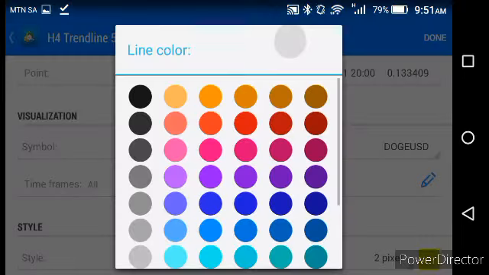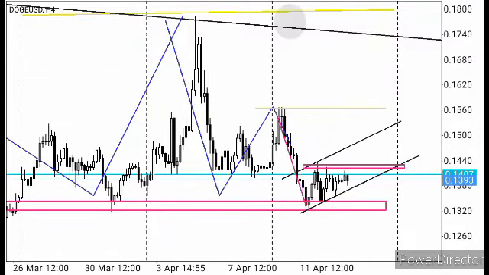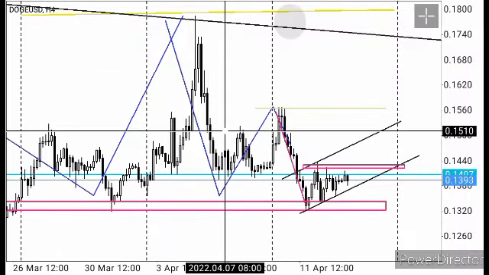I just want to make it a different color so it's clear. Let me stick to the pink. Okay, that's the first leg of the W formation, right?